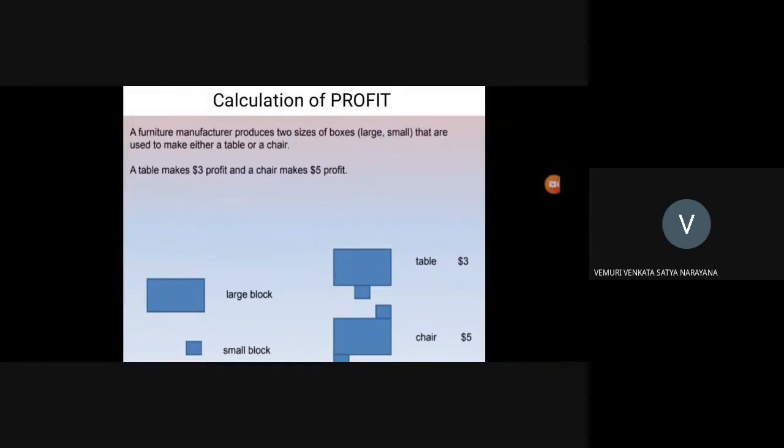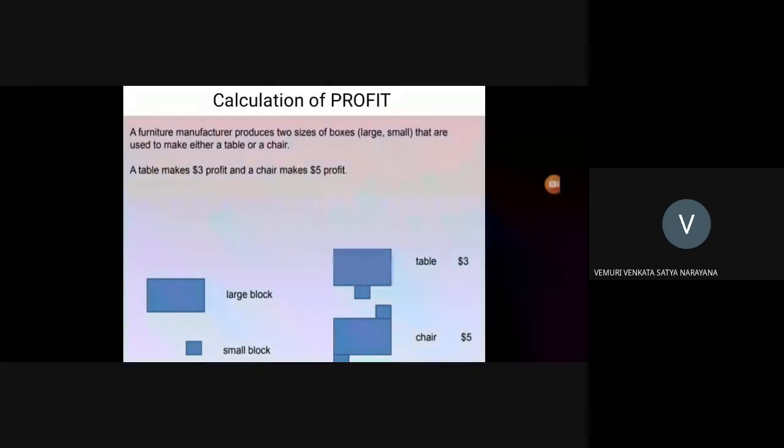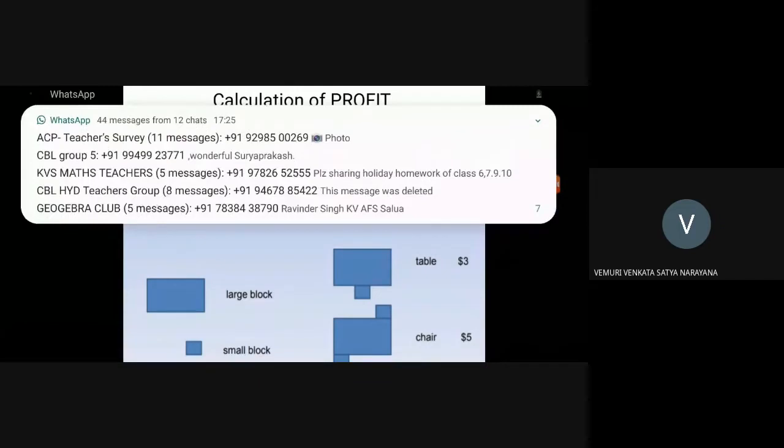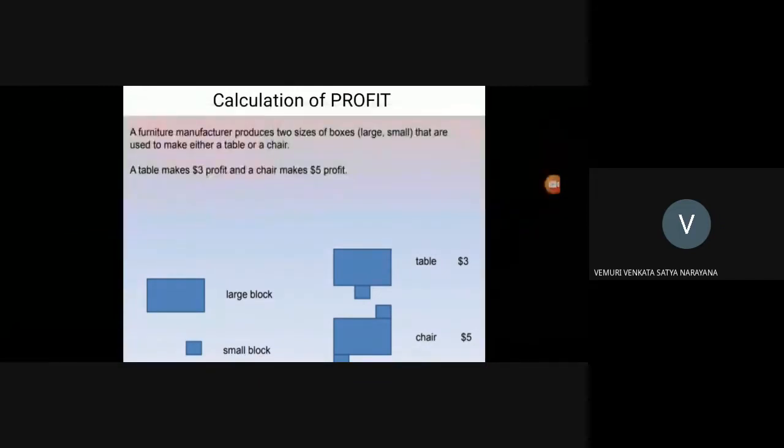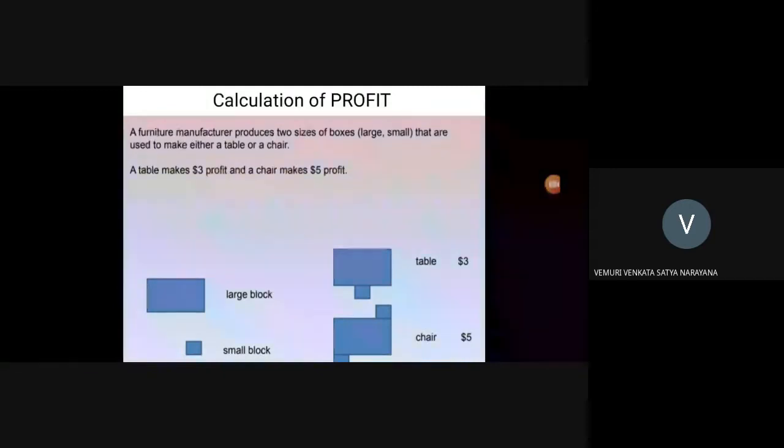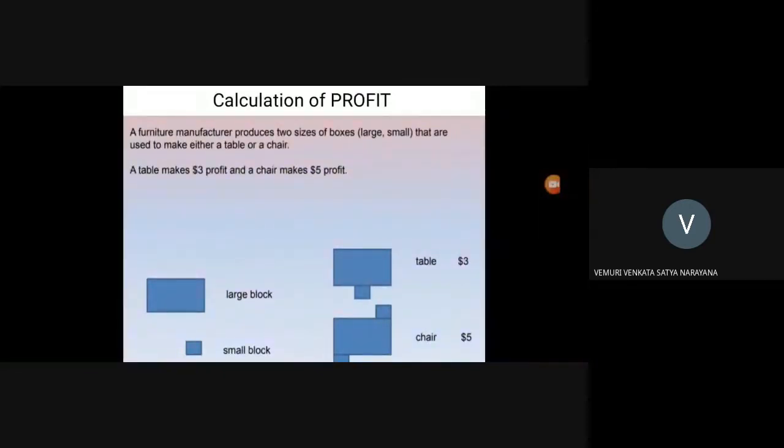I have taken an example of a furniture manufacturer who produces two sizes of boxes, larger and smaller, that are used to make either a table or a chair. While making a table, he earns a profit of $3, and with a chair he makes a profit of $5.